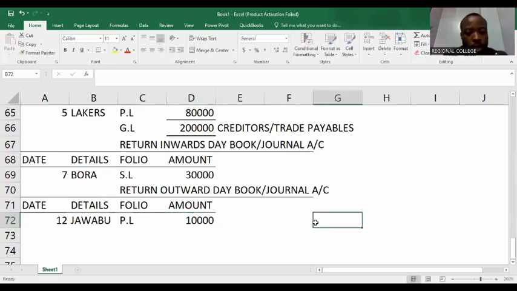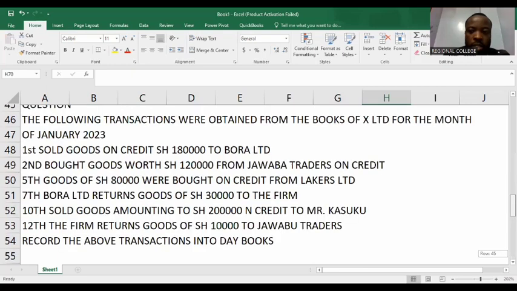So that is how you can prepare your day books when you are buying on credit, selling on credit, returning goods back to your supplier, and the customer returning back goods to you from the sales. So that question may come in different ways.